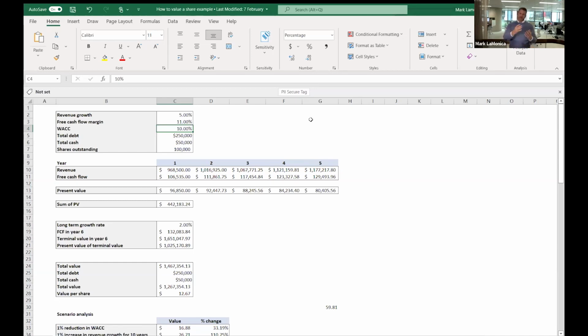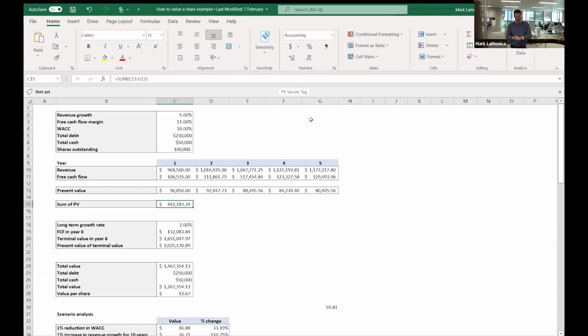So again, if you flip it on its head, interest rates are low, that discount rate is low, it makes cash flows out in the future worth more. So just remember that. That's where that comes in. All right. So what we're doing is we're discounting all of these by this 10% and the years they're out there. So people that know Excel can see the formula. And we're adding them all up.